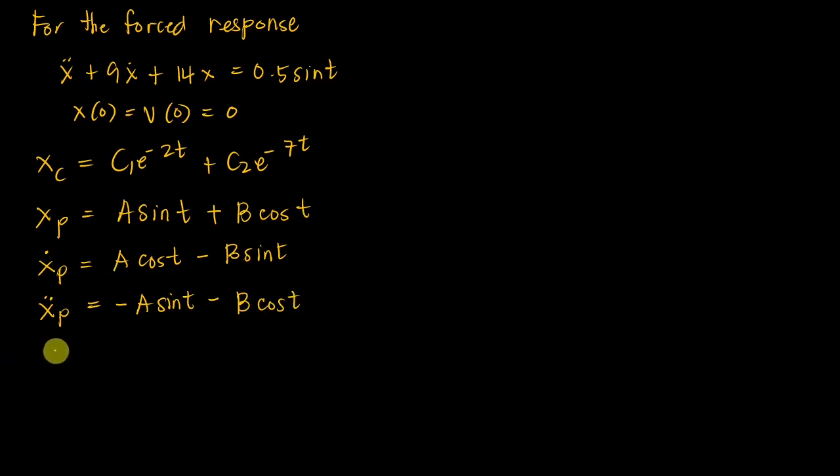Okay. Now we will substitute the first, the second, and this expression for xp here and equate them to 0.5 sine t. So, second derivative, ito yun, negative a sine t minus b cosine t plus 9 times the first derivative, so plus 9a cosine t minus 9b sine t.